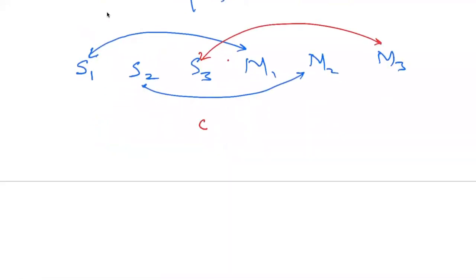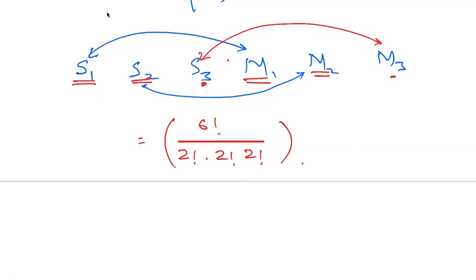Let's suppose in factorial 6 ways we are arranging everyone. With the restriction on S1 and M1, they are interchanging by factorial 2 ways, so I'm dividing by factorial 2. Again S2 and M2 have a restriction, so factorial 2, and S3 and M3, factorial 2. So factorial 6 by factorial 2, factorial 2, factorial 2.